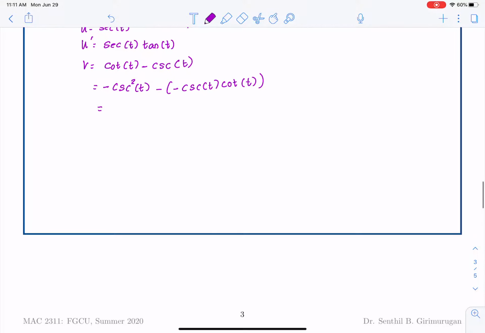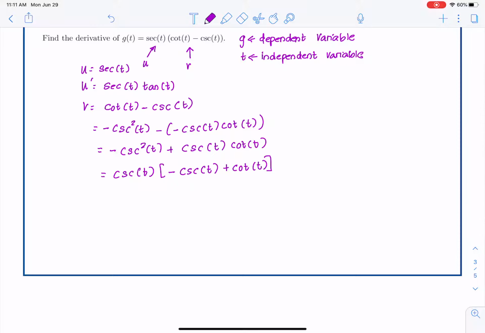If I combine, I would have negative cosecant squared t plus cosecant t times cotangent t. I have a cosecant in common, so I'm going to pull that out: cosecant t times negative cosecant t plus cotangent t.